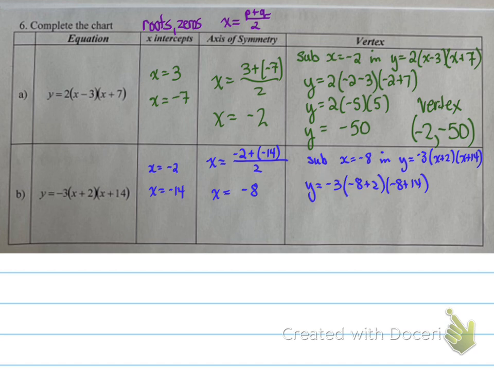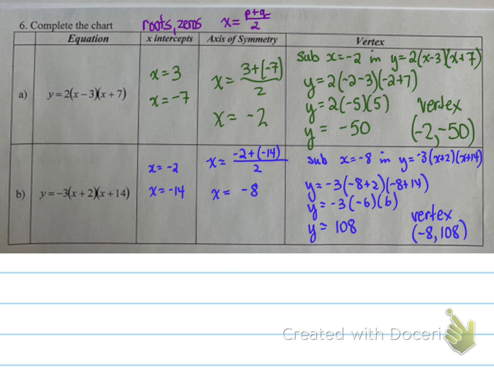Type this into your calculator. If you need to show me a little bit of work, that is always good. You will get the answer of positive 108. So my vertex will be negative 8, 108.